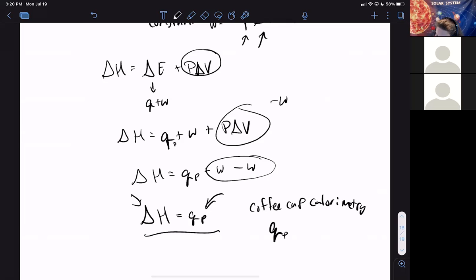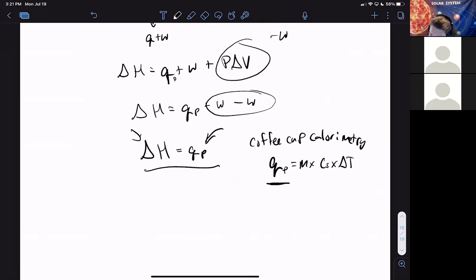And then it's mass times our specific heat times our delta T. So we've looked at this already. And because it's a coffee cup, it's a constant pressure system. Therefore, when we solve for Q here, we are also solving for our enthalpy.